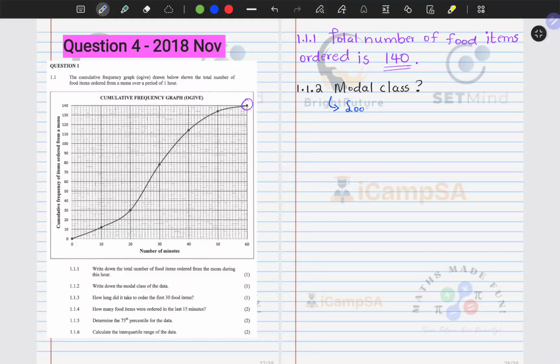What we are going to do is look at the slope. Okay, so if you look at the slope, the steepest group is the group that has the modal class, because it means from there we added the biggest number. So the most steep group is the modal group.